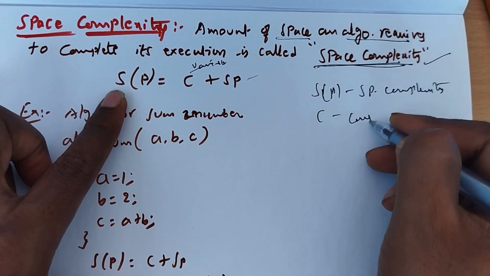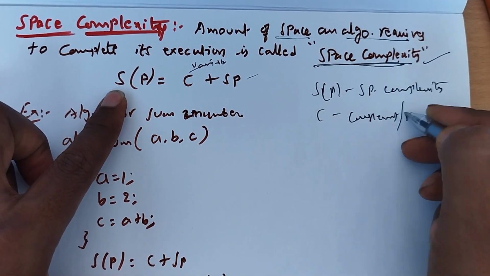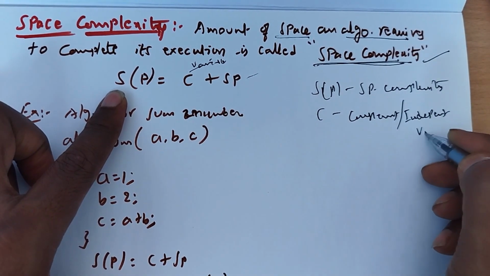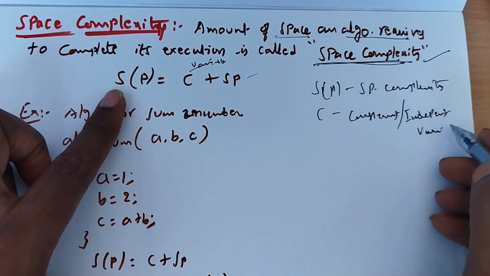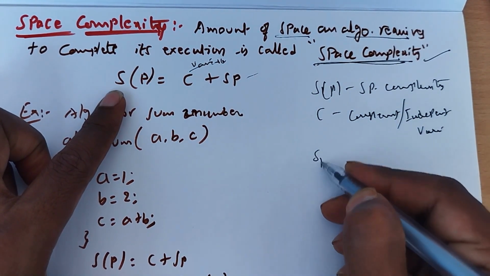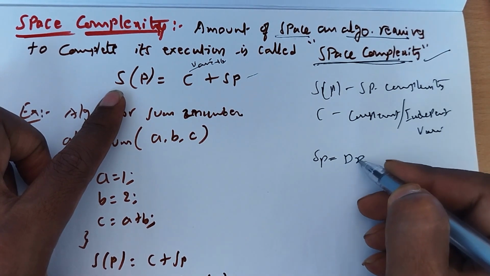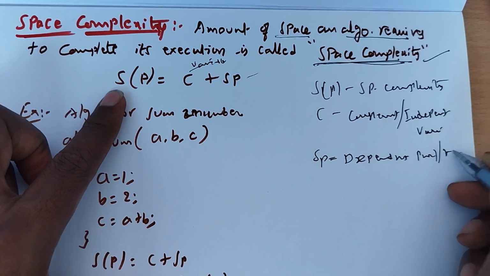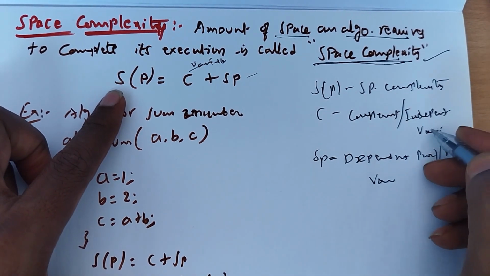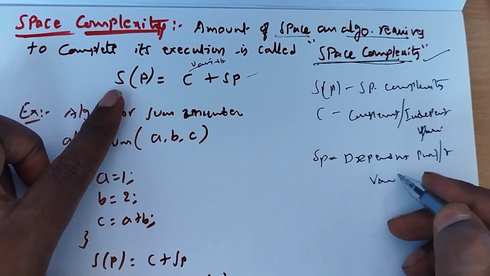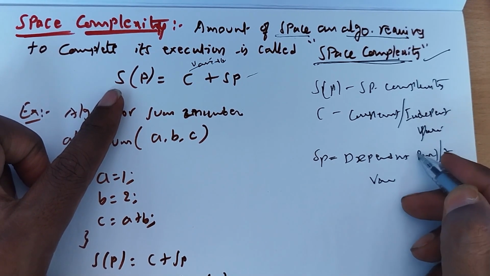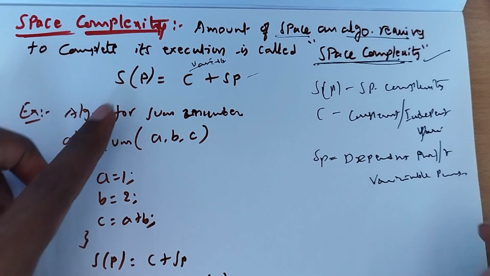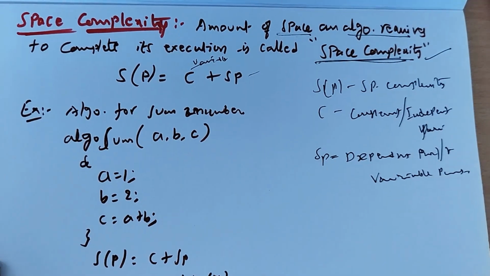C is nothing but the constant or independent part or variable. And what about SP? SP means the dependent part or variable part. Independent part and dependent part.